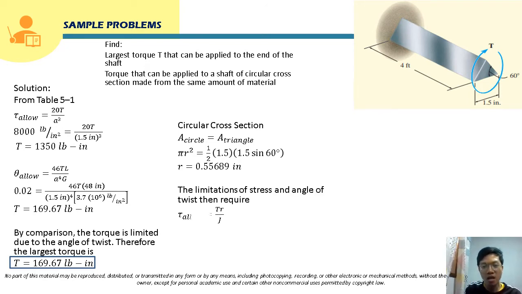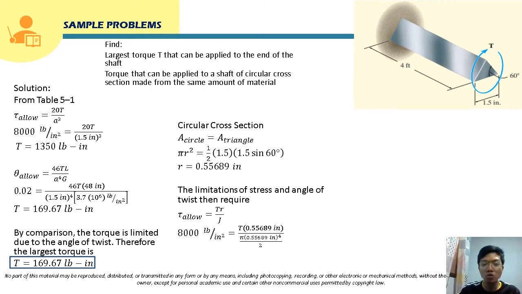For the allowable shear stress for a circle, this is a circular cross-section already. So the maximum shear stress is equal to TR over J, right? The same allowable stress is 8,000 pounds per inch squared.